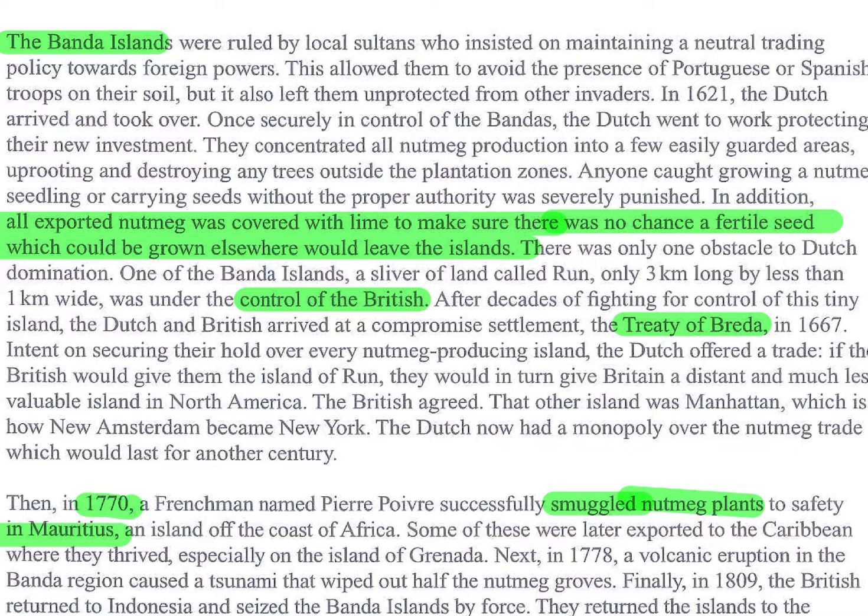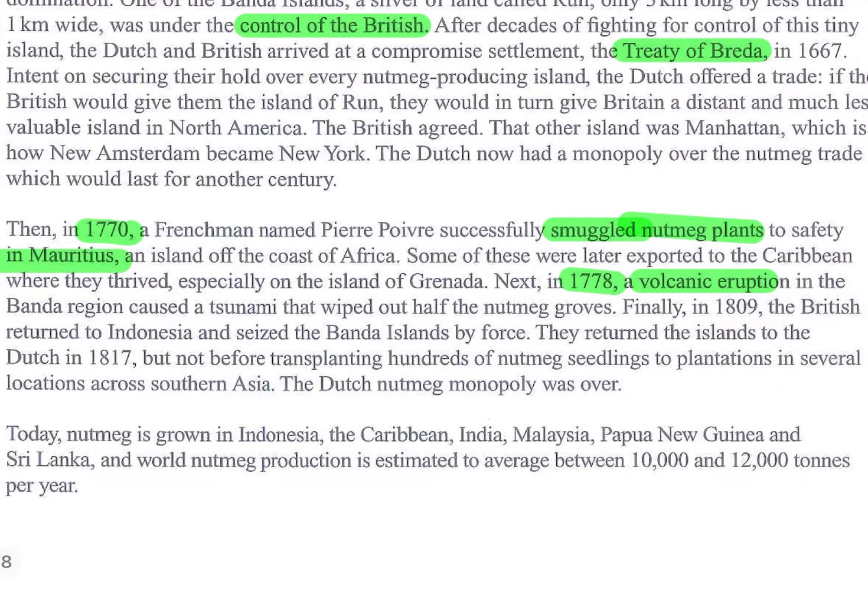So we got 1778, volcanic eruption, and tsunami.